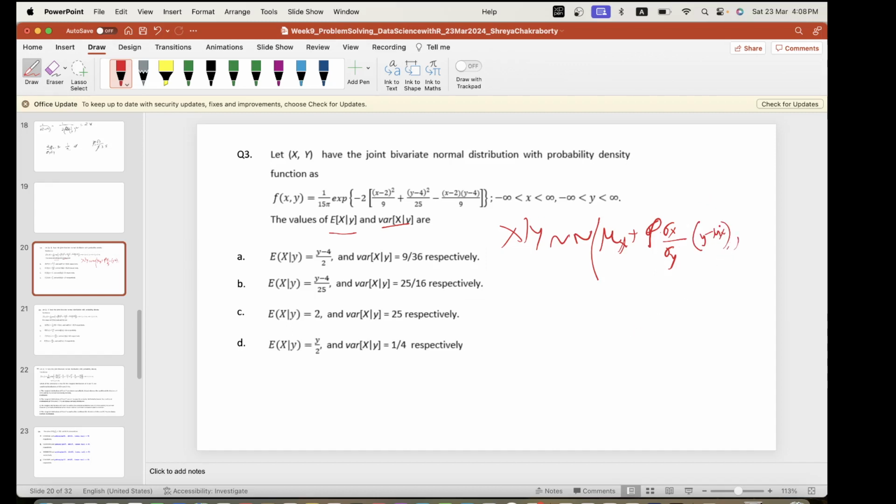Okay, and the variance would be how much? The variance would be sigma x square into 1 minus rho square.